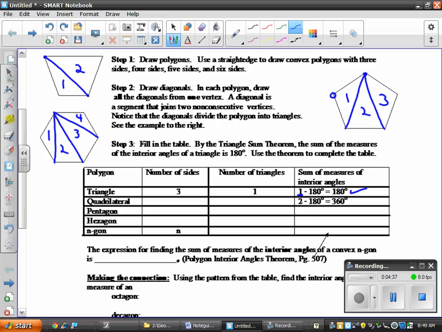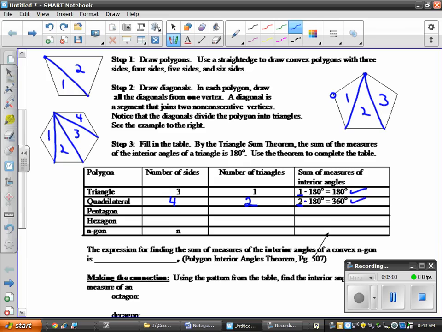Okay, so let's talk about a quadrilateral. A quadrilateral has how many sides? We've got 4. If you look up at the quadrilateral, when we cut it using the diagonals, we broke it into 2 triangles. Then over here on the far right part of the column, we have 2 triangles times 180 degrees, because each triangle is 180 degrees, which equals a total interior angle measure of 360.